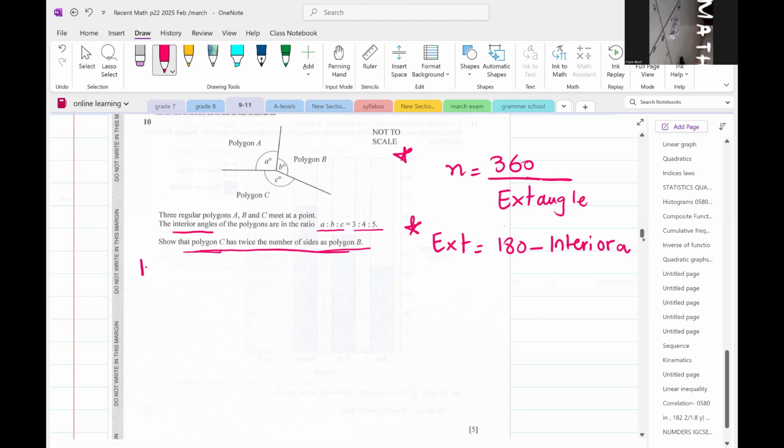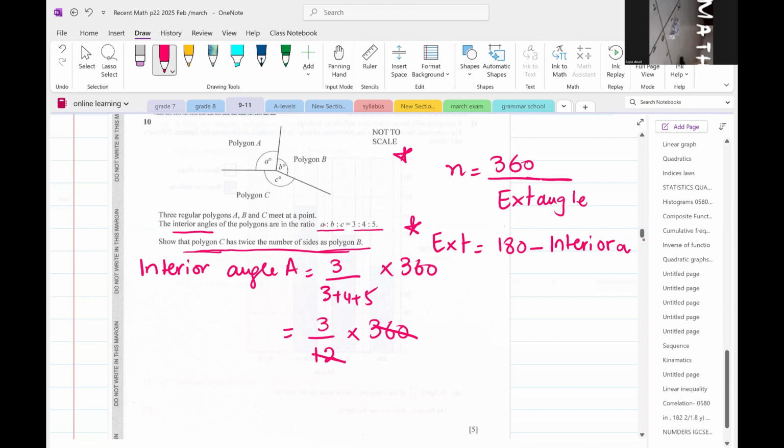Now I will solve the interior angle A first. Interior angle A is 3 divided by the sum of ratios times the total angle: 3 divided by 12 times 360.